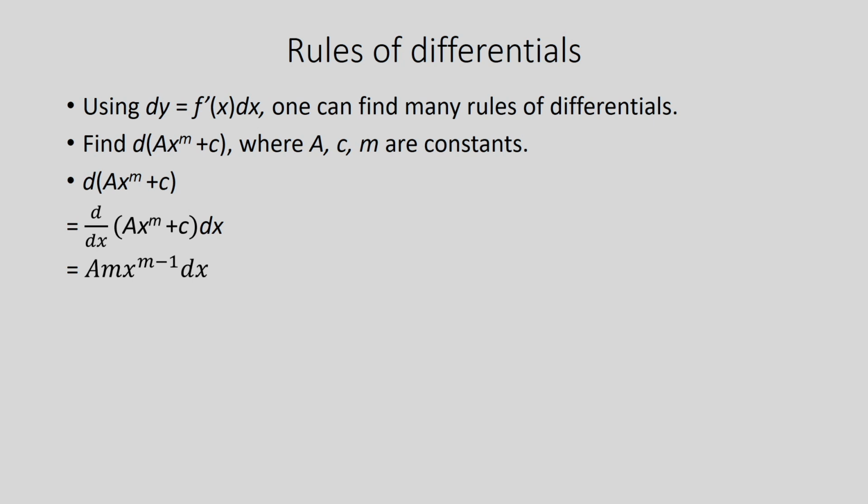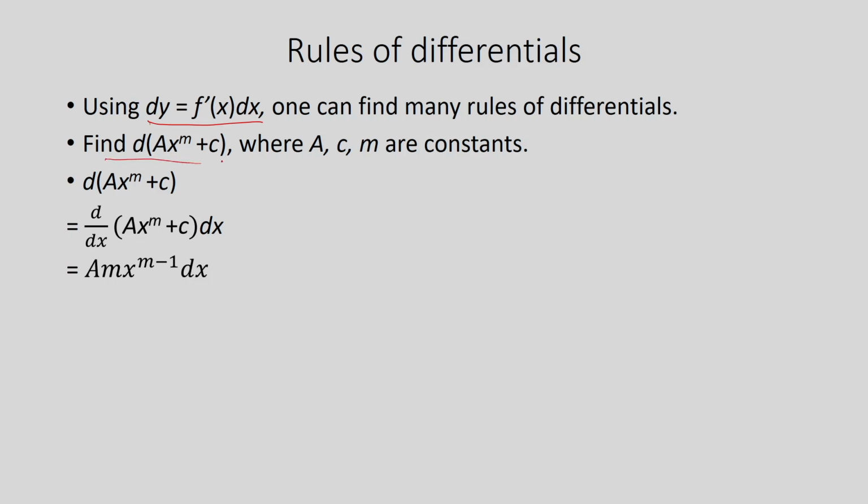Okay. So, we know the differential formula is given by this, that suppose y is equal to f x, right, then dy, which is the differential, is written as f dash of x dx. So, this is the general definition, but now we can use that to get different rules of differentials.